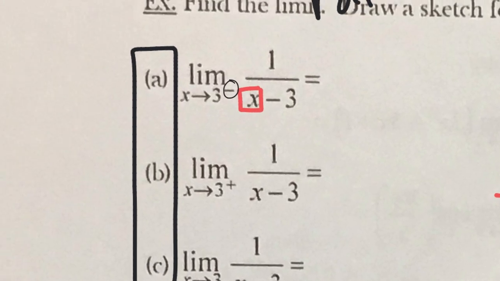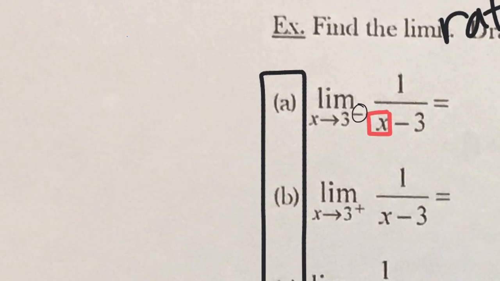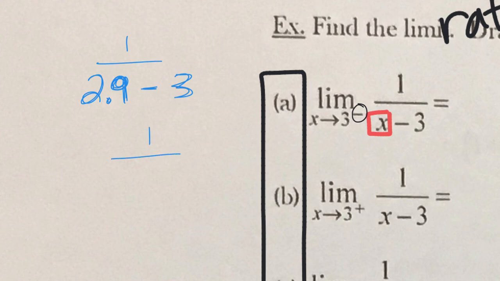You can literally pick any number you want to, but for demonstration purposes, 2.9 is a pretty decent number. So if I do 2.9, that's 1 over 2.9 minus 3. So the question is: is this number positive or is this number negative? Negative. So 1 over negative 0.1, right? 2.9 minus 3 is negative 0.1.